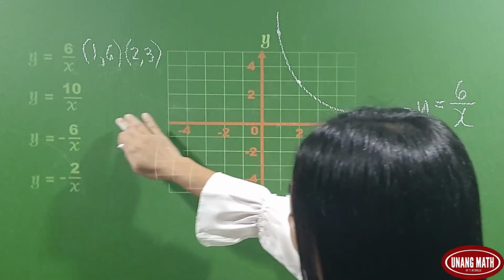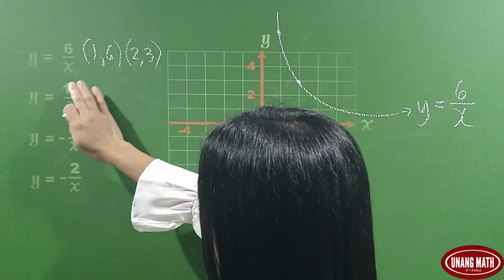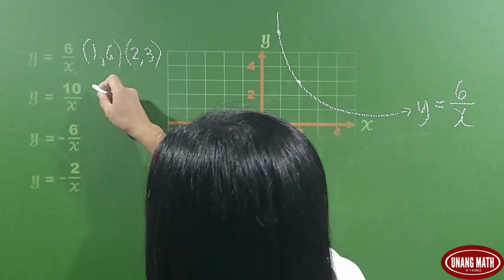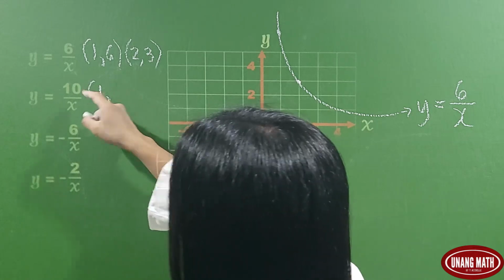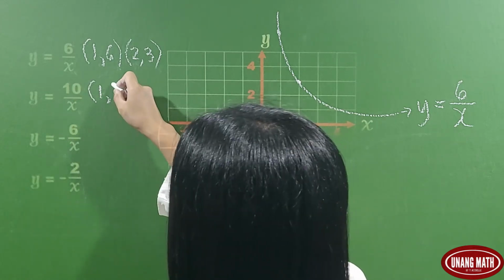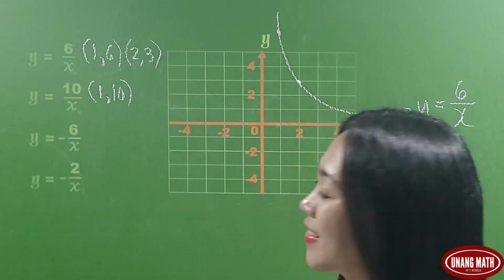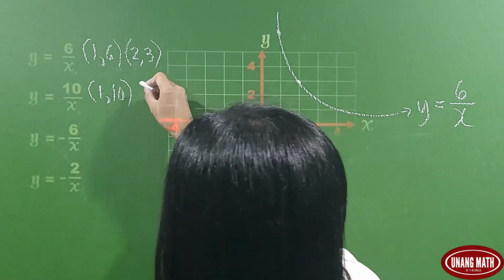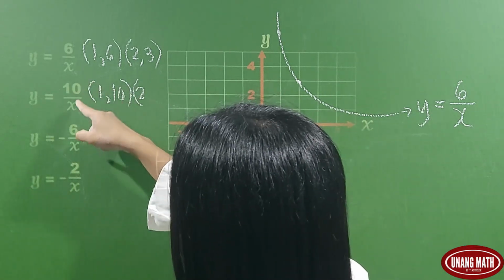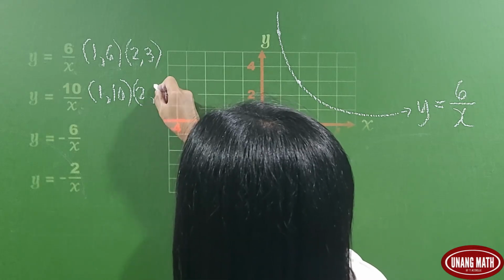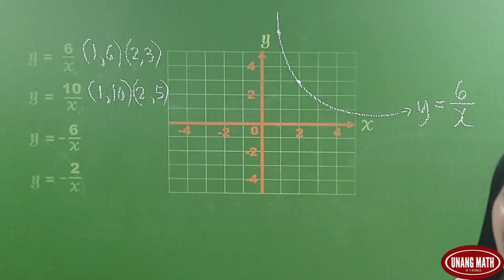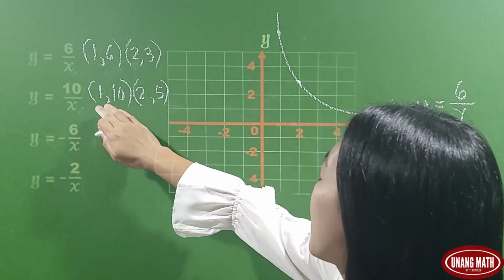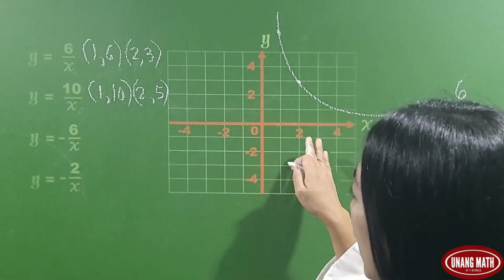What about this equation, y is equal to 10 over x? If x is 1, 10 divided by 1, then our y-coordinate is 10. How about if x is 2? 10 divided by 2, that means the y-coordinate is 5. Let's plot these points in this coordinate plane.